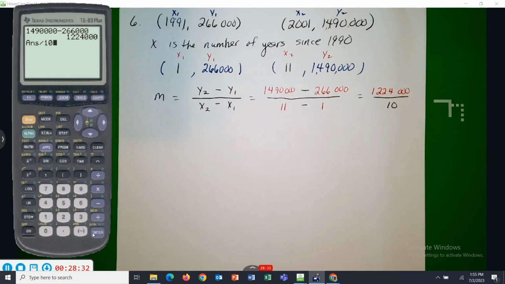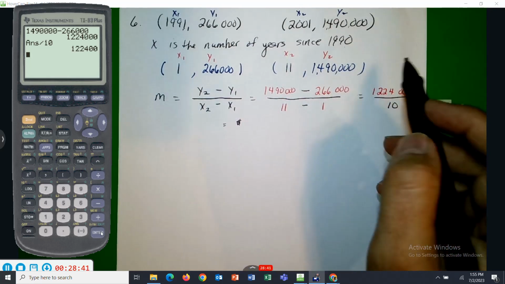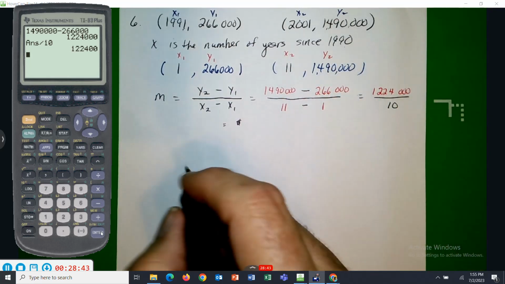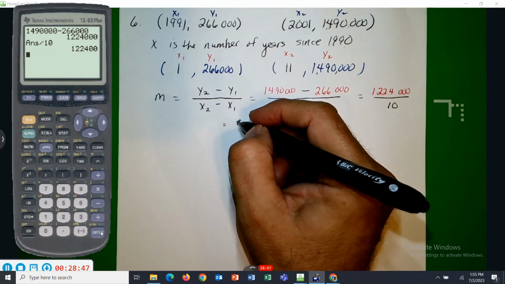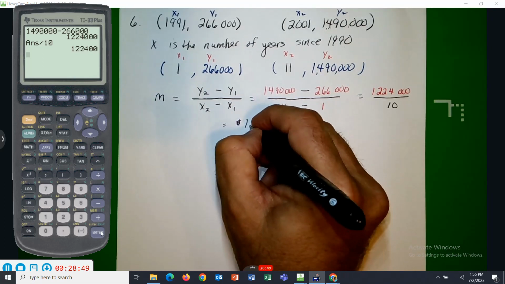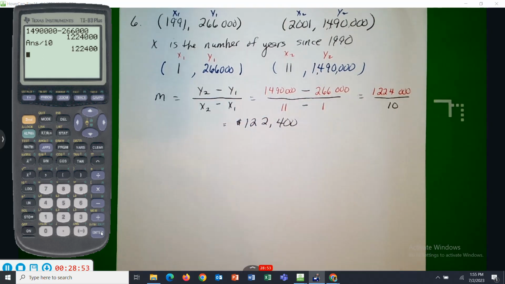Divided by 10. So on the average, it looks like these salaries have been increasing by $122,400 per year. That's the slope.